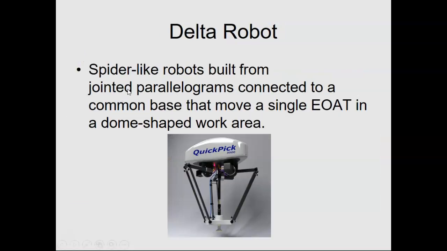Then you have the Delta robot. This guy's a little bit like a spider-like robot. It's got 3 to 4 arms, and it gives it the ability to move up and down, left, right, forward, and backwards. But it uses a dome-shaped work area.